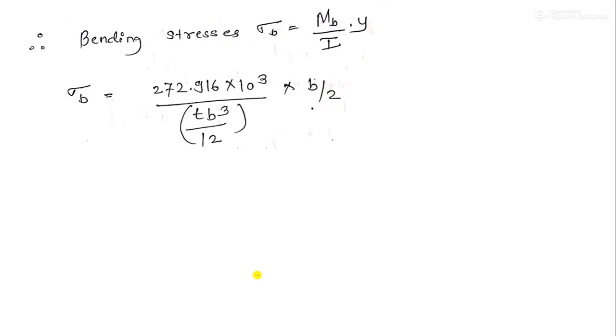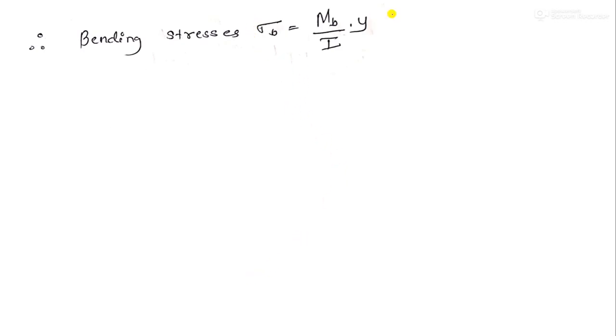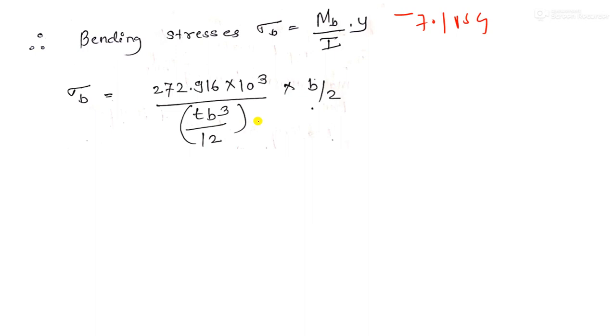Now we will calculate the bending stresses using the formula available on page 7.1, which is MB upon I into y. Again, a very important point: what sigma b is, we'll understand later on. MB we have calculated. Now try to understand that this is a rectangular portion, right?